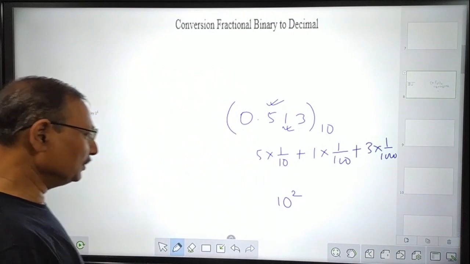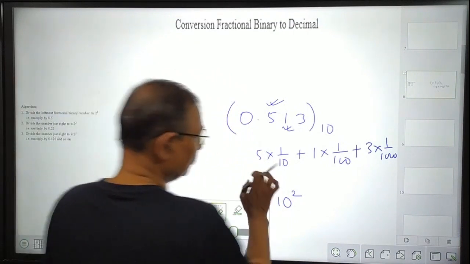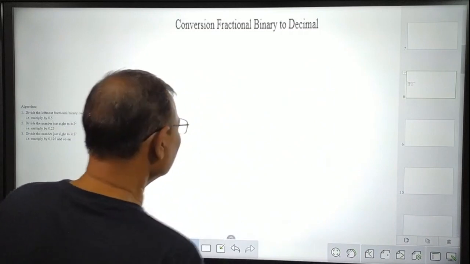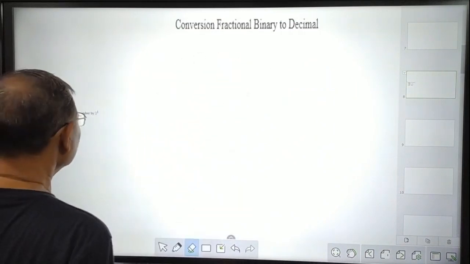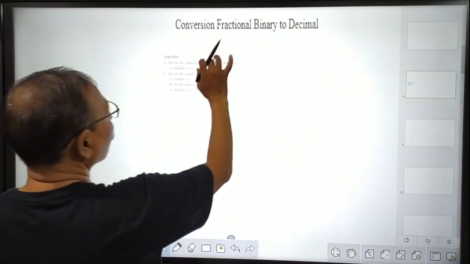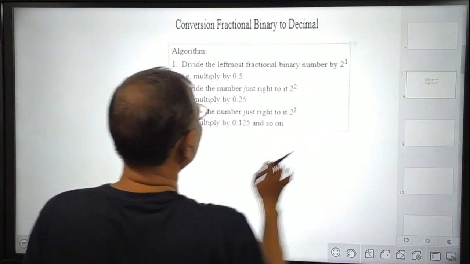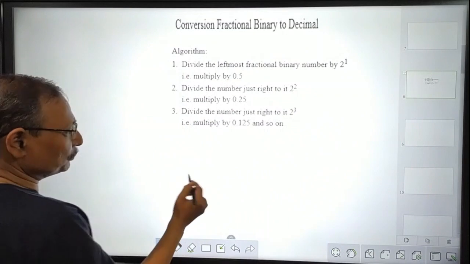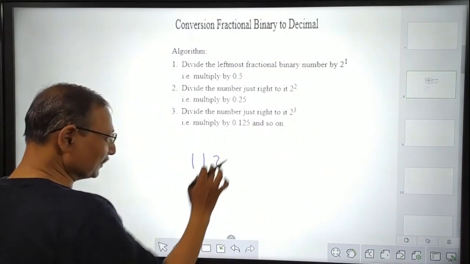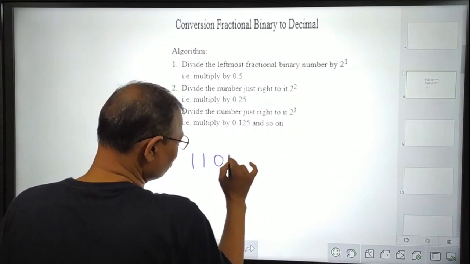So we could understand the algorithm of the conversion of binary fraction to decimal fraction like this. Suppose that we have 0.1101.